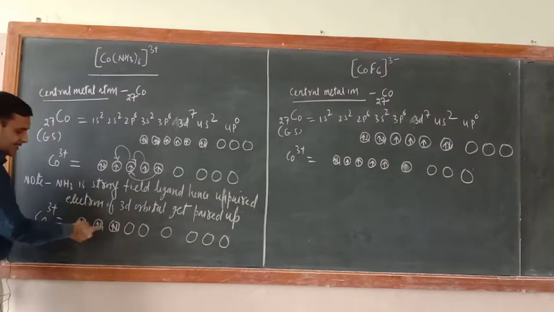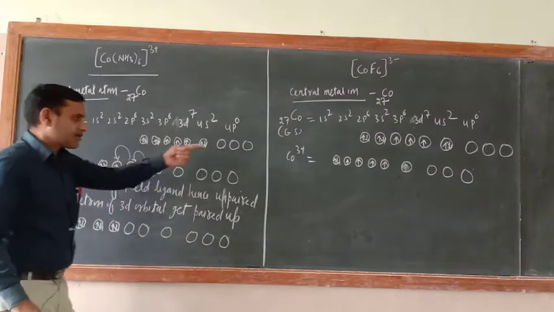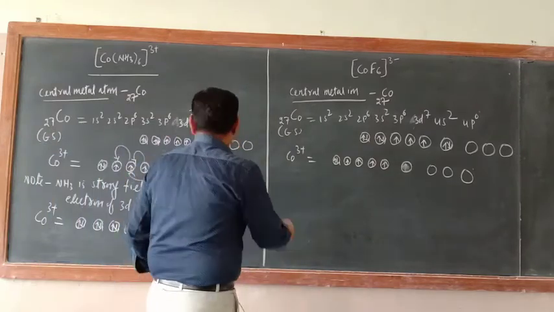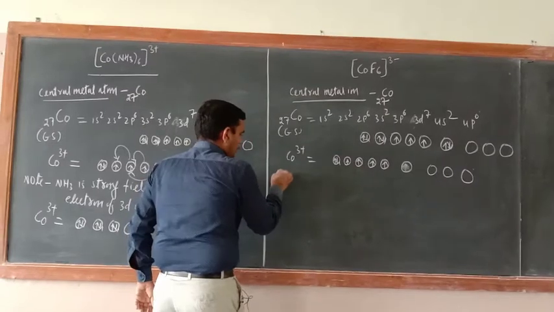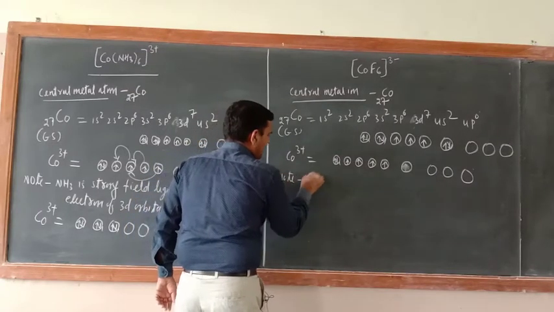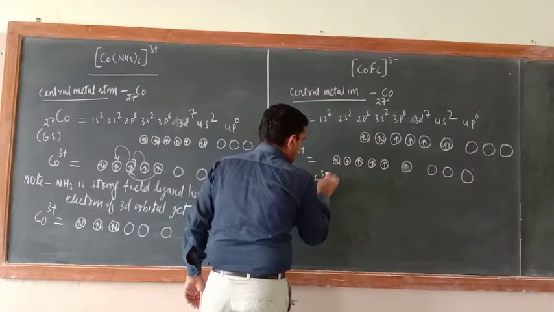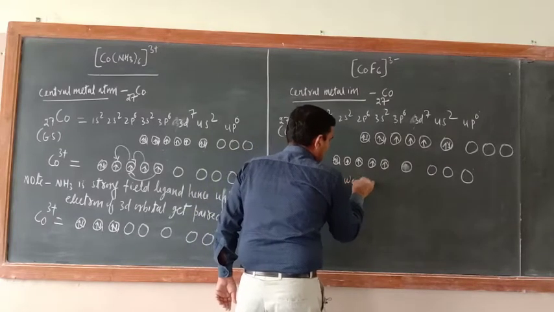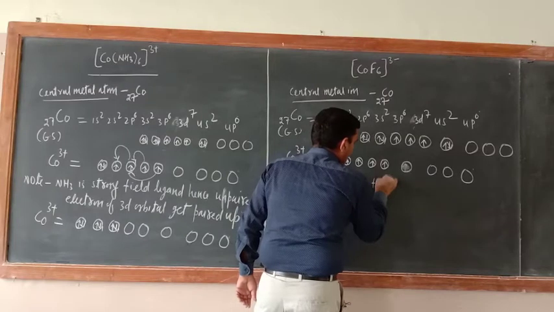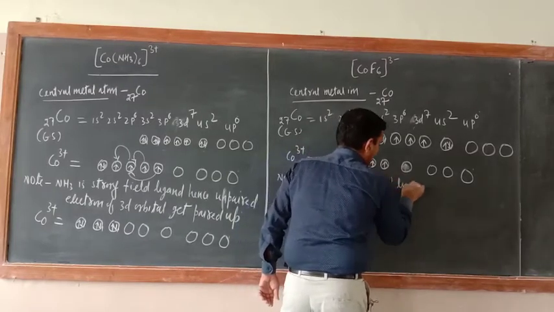Now since the electrons get paired up, just check here also. Here also everything is the same, no problem. But here, note: F, a single negative ion, is a weak field ligand.